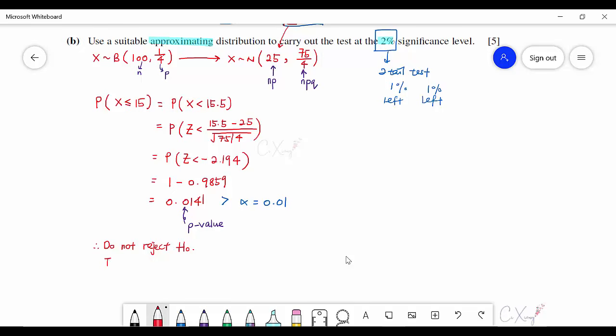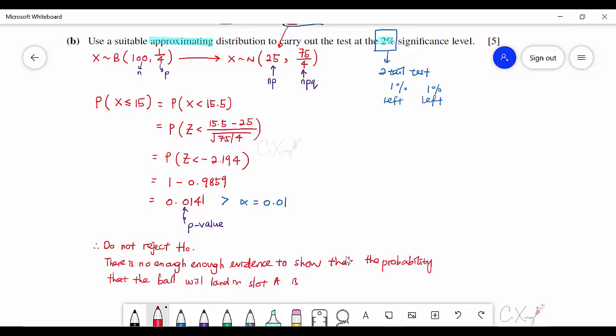It means that there is not enough evidence to show that the probability that the ball will land in slot A is different from 1 over 4. So this is our conclusion here.